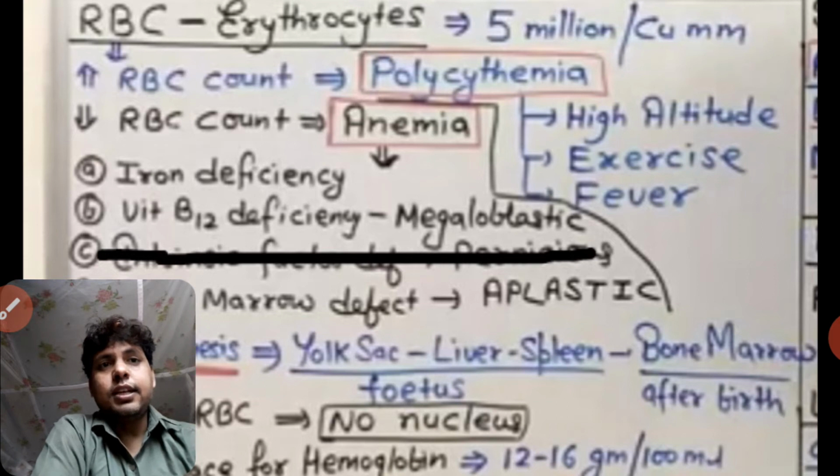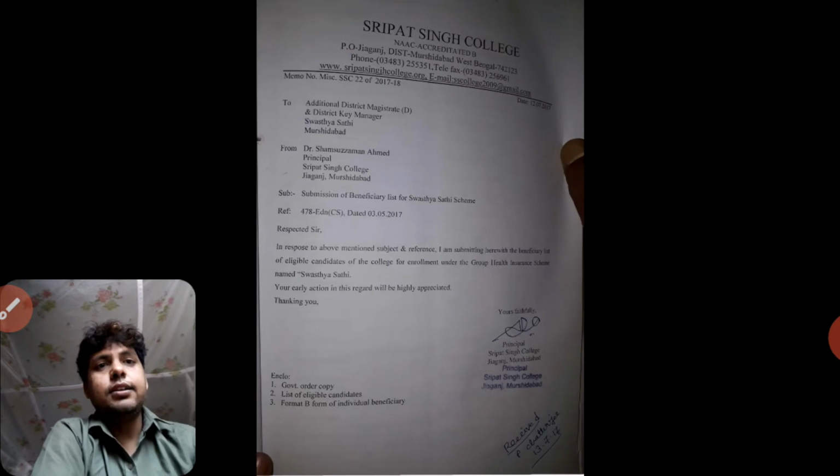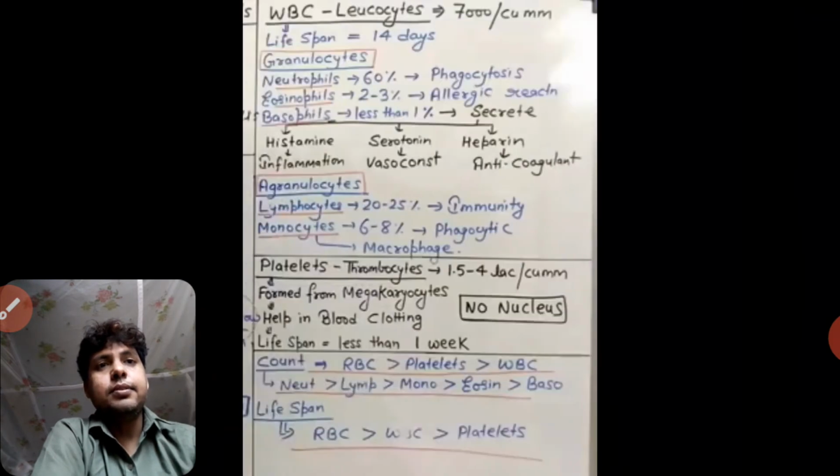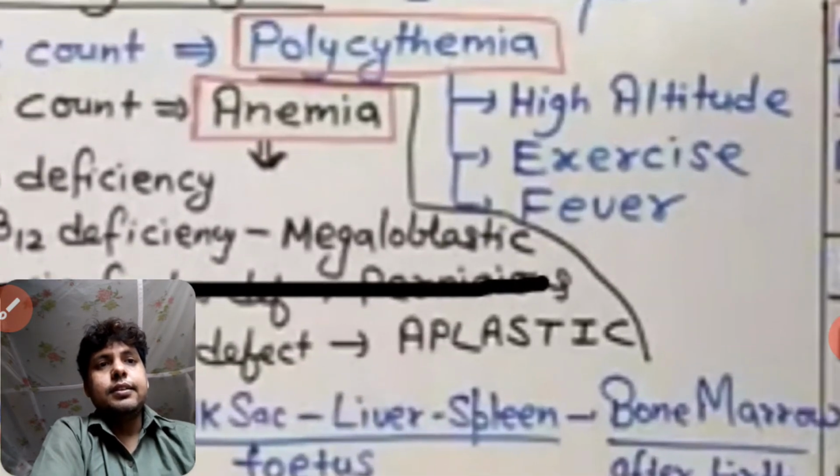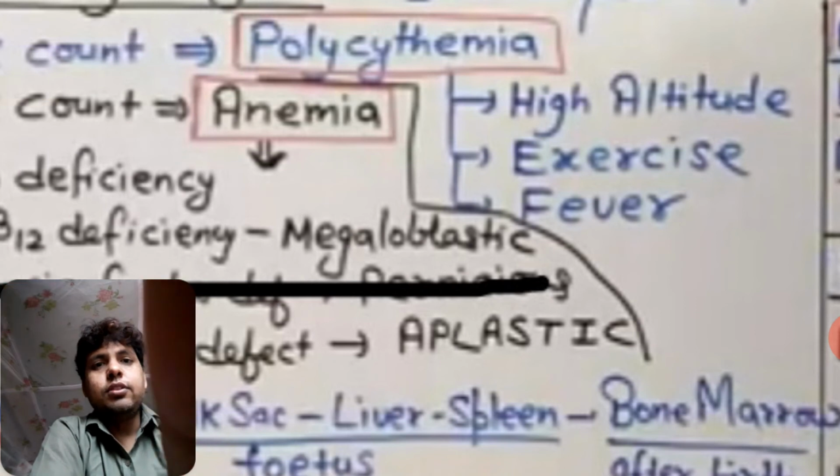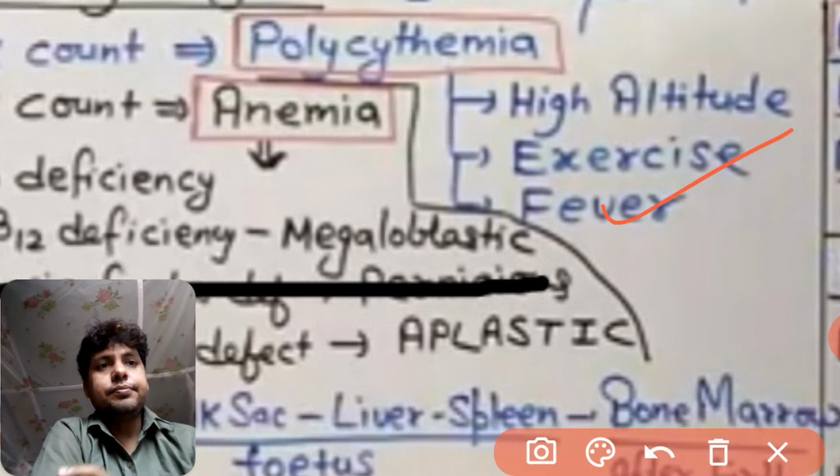So the RBC count may increase above the average, and that condition appears as polycythemia. As well as exercise and fever, this type of condition also occurs.